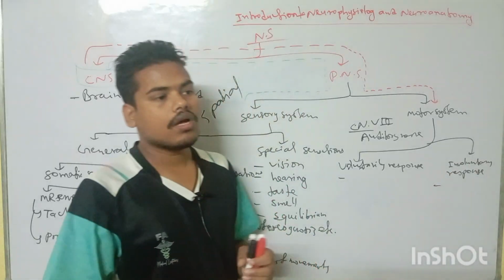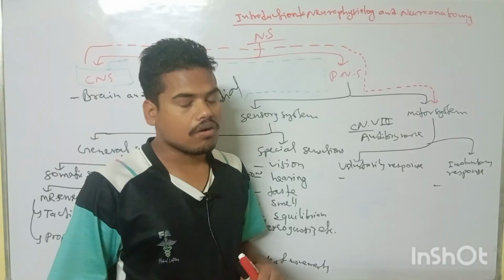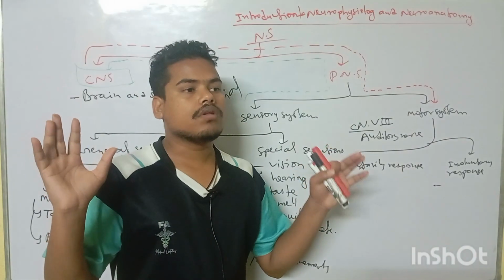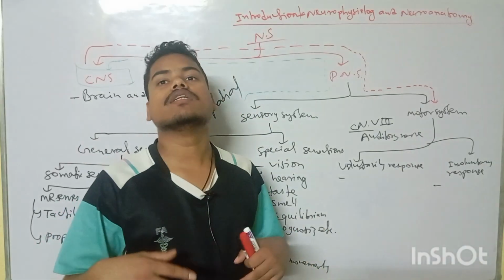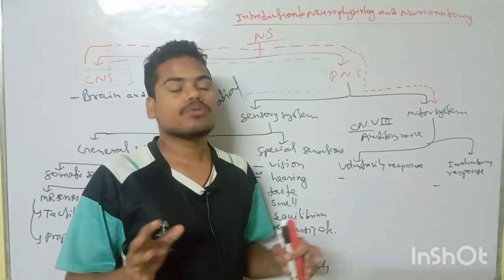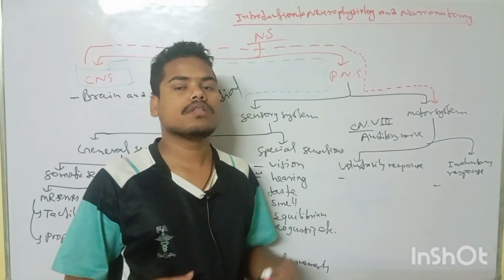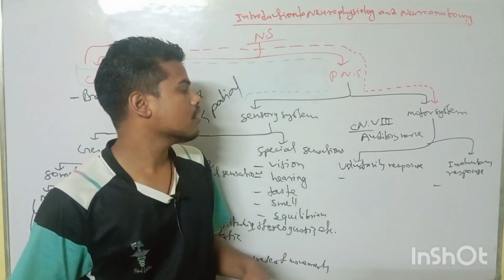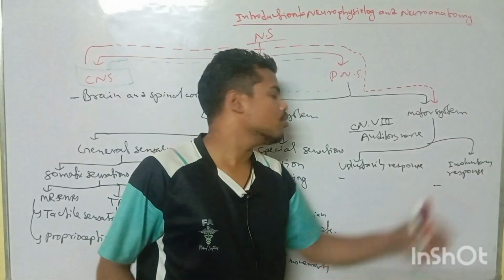For example, when we see something horrible, our sympathetic system will be activated, the heart rate will increase, and other sympathetic firing will occur. Are they under our control? No, they occur on their own. So these are involuntary responses.